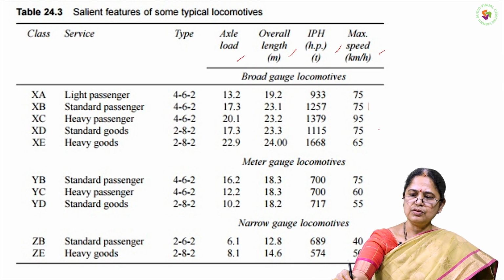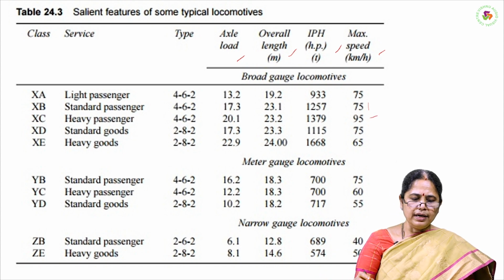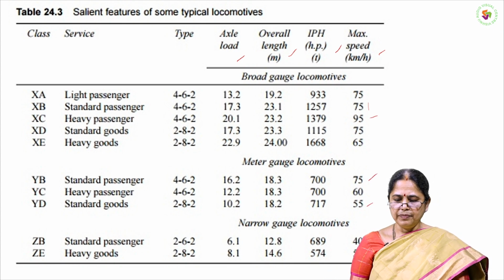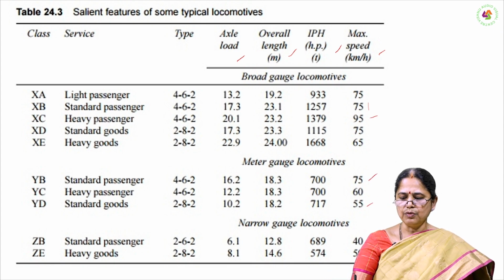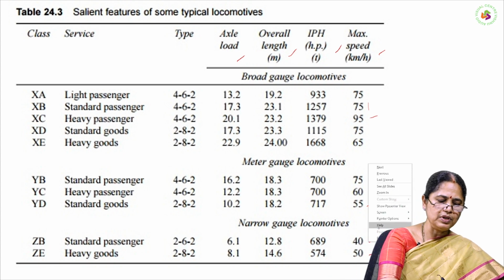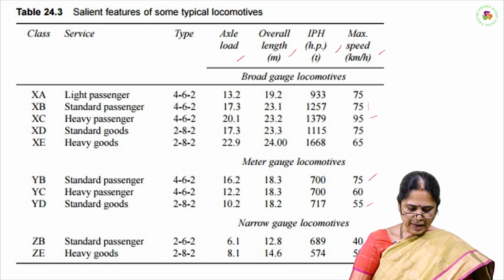For heavy passengers the speed of the train is 95 km per hour. For meter gauge heavy passengers the maximum is 75 and minimum is 55, and for standard goods trains it is 50. For narrow gauge, Z, 40 is the maximum speed.